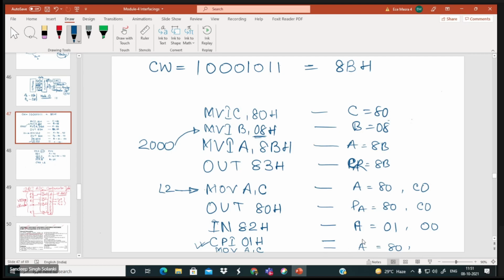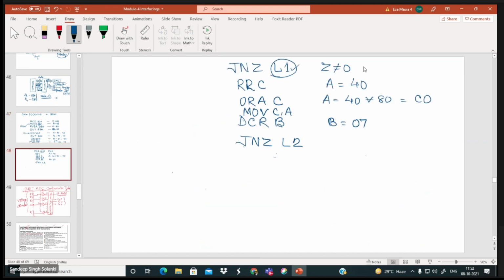Now the comparison result will be Z flag is not equal to 0. Okay. And accumulator will be having what value now? C0, correct? So here it is not 0.